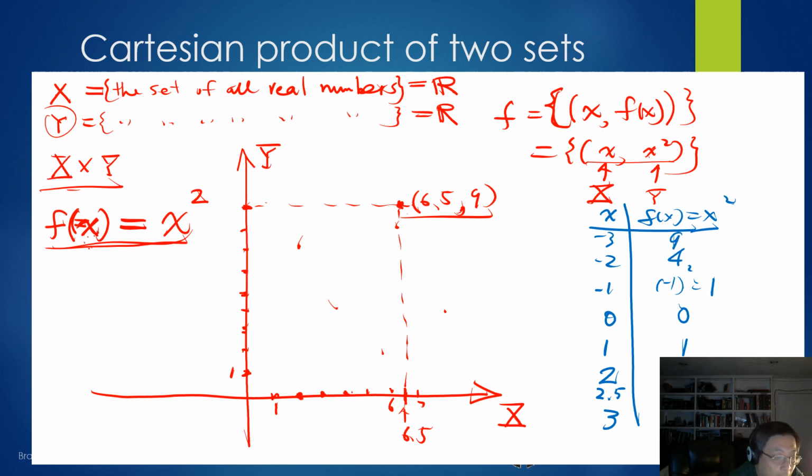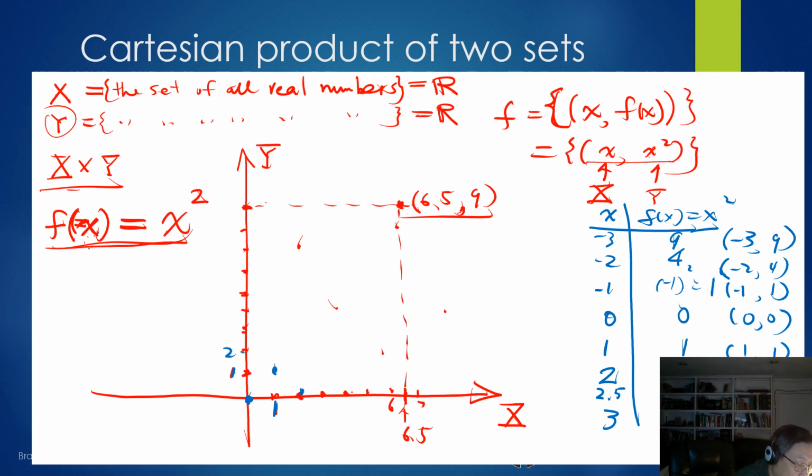Then we can find the ordered pairs. Minus 3 related to 9, minus 2 related to 4, minus 1 related to 1, 0 related to 0, 1 to 1, 2 to 4, and 3 to 9. So 0 to 0, 1 to 1, and 2 to 4, counting 1, 2, 3, 4, and 3 to 9, counting 5, 6, 7, 8, 9.